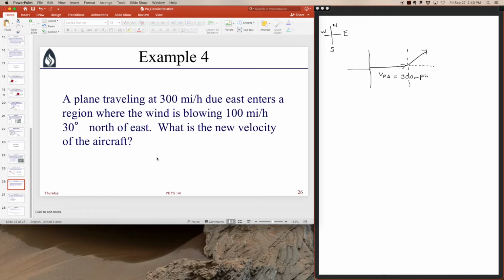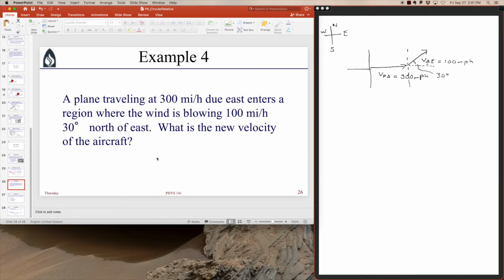My wind vector, this is the velocity of the air with respect to the earth, and it has a magnitude of 100 miles per hour. And it's at an angle that is 30 degrees north of east. And we remember north of east means we start out east and then we drag the vector 30 degrees in the north direction.